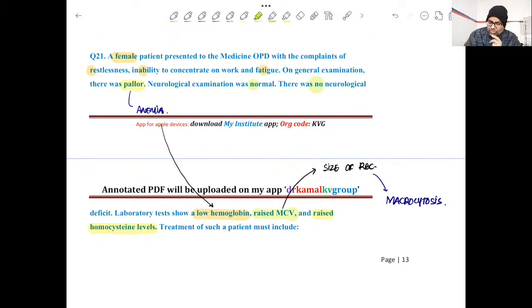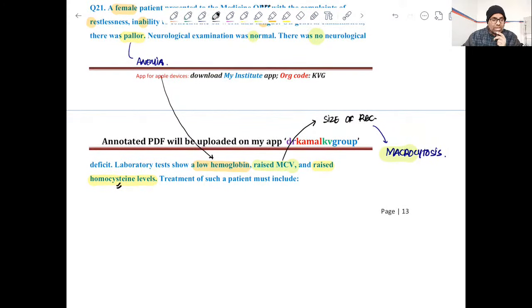Clear? If the MCV is more, it means the size of the RBC is more. Now, which anemia presents with bigger size of RBCs, raised homocysteine? I think most of you can answer it very nicely, because there is only one condition which shows a larger size of RBCs. Avinash bhai, this is megalo.